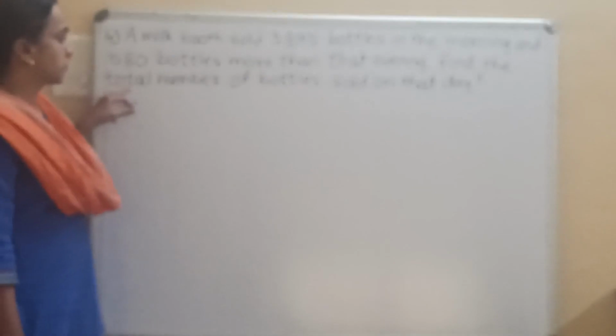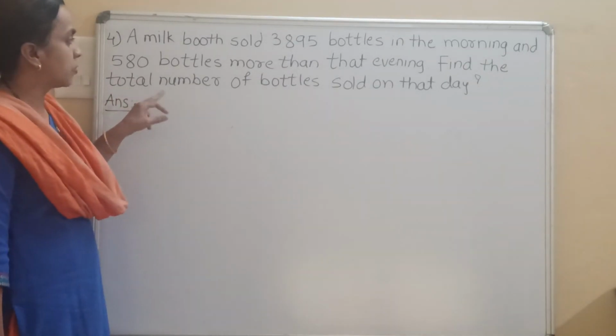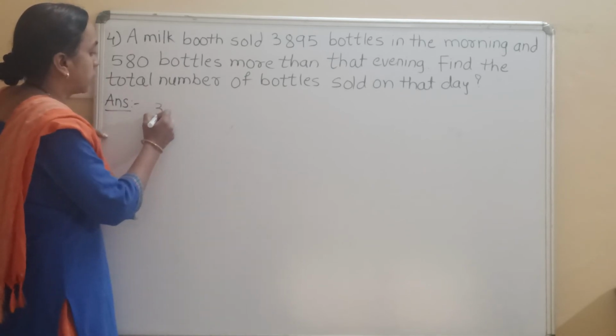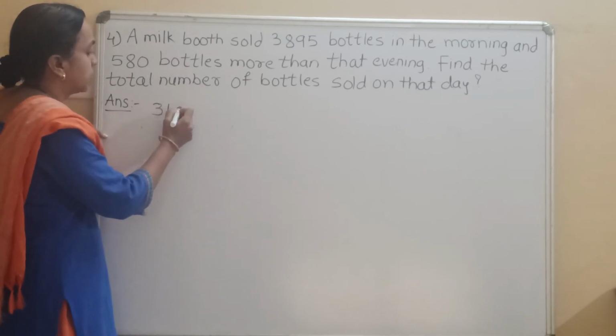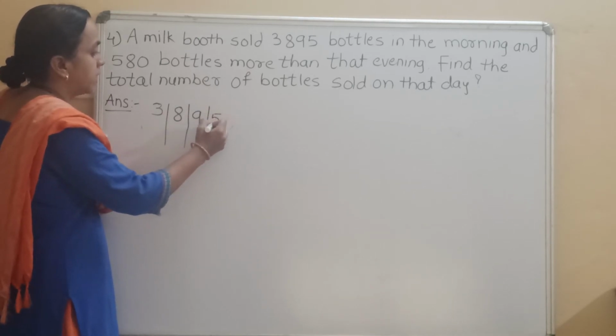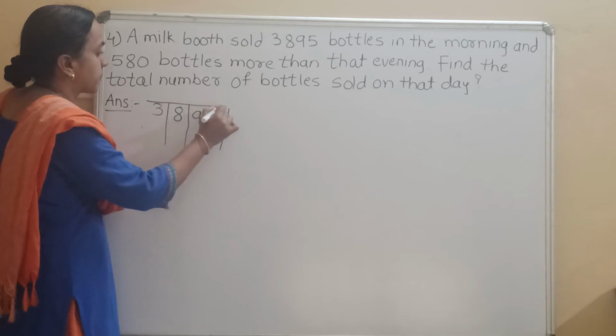So what is the question? Find the total number of bottles sold on that day. So first we have to do addition of 3,895.